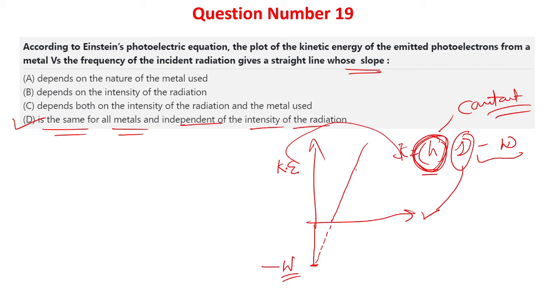If we have another material whose work function is more, then the graph would again be of the same slope. Its position would no doubt be different, the work function would be different, but the slope is going to be h each time. So it is the same for all metals. Choice number D is the correct choice.